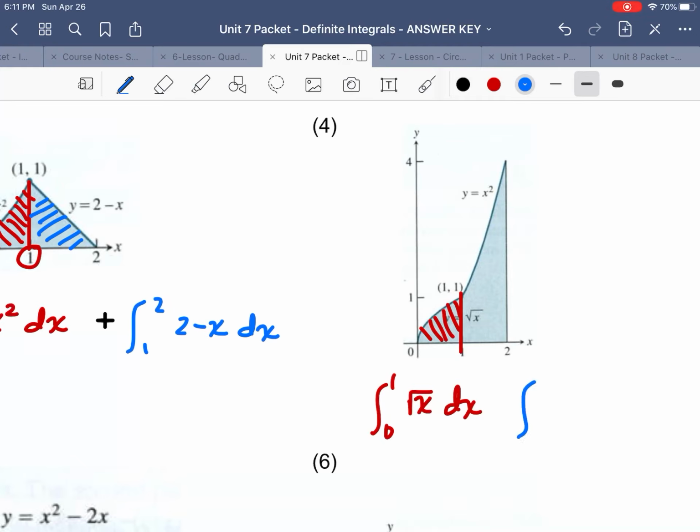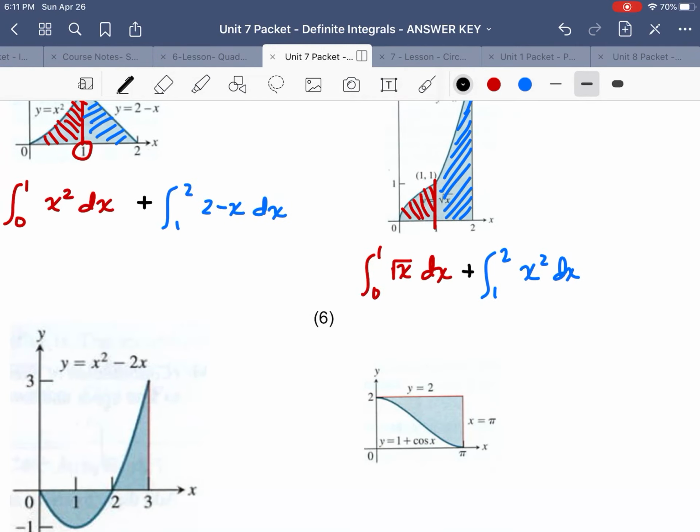That's here. And then for the next piece, going from 1 to 2, we're now looking at just the x squared function. I'll talk a little bit more about the theory associated with this in a couple of minutes. But for now, let's get some answers down on paper.